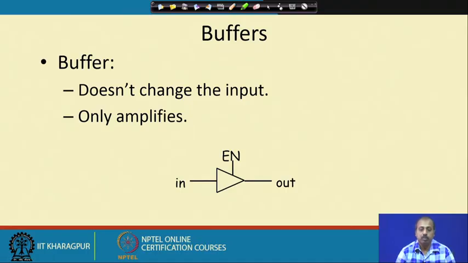Next, we will look into another fundamental concept known as a buffer. Whenever we transmit signals over a long distance, due to noise and the RC drop of the line, the voltage level of the signal drops.